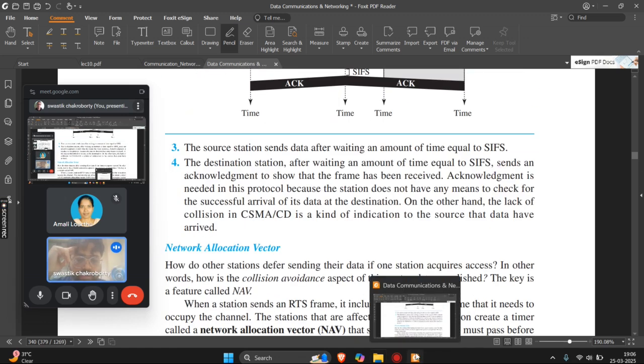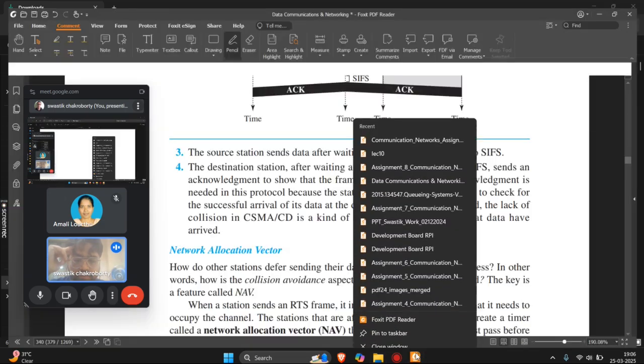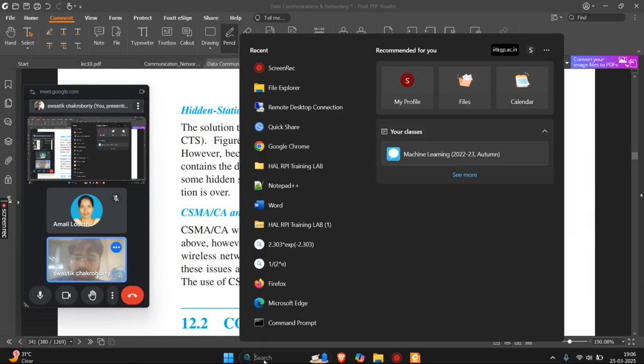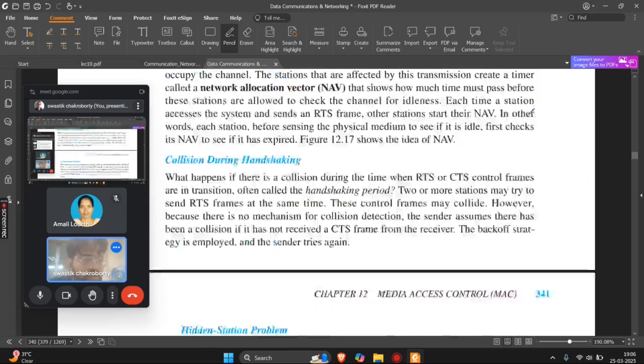Now we will go to some problems. Before that, we will also briefly discuss PON, because passive optical network has also been taught in this module.